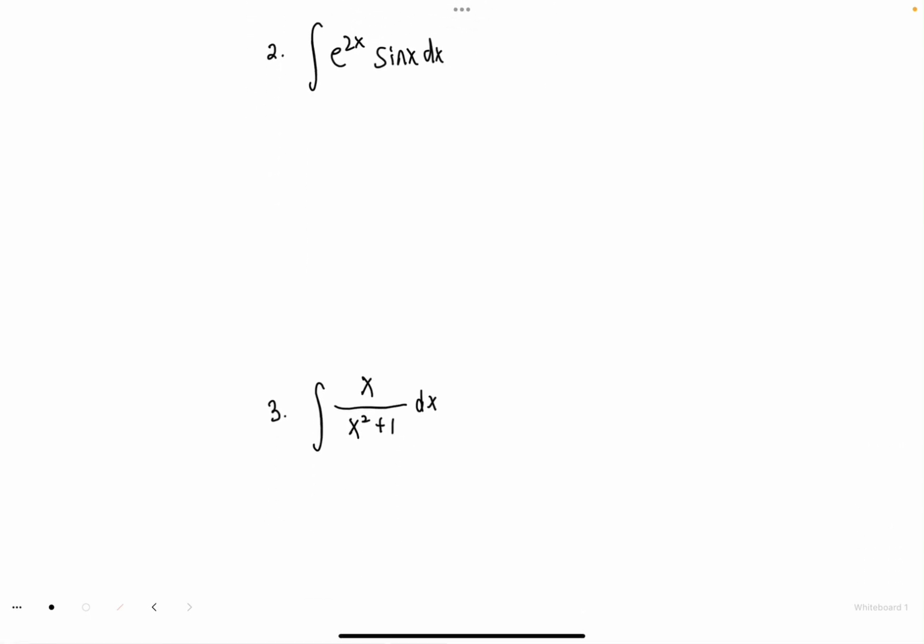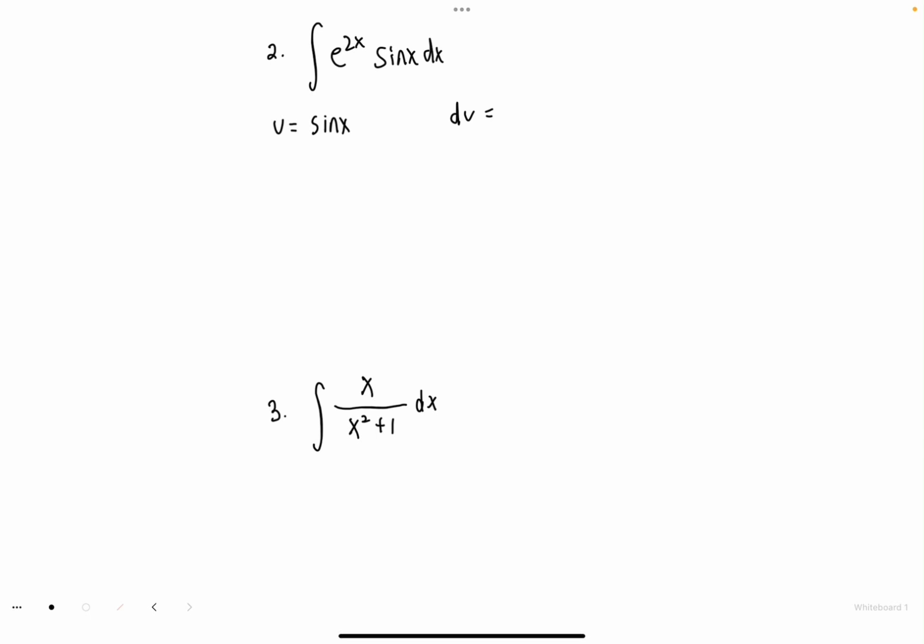The second one, you can see the integral of e to the 2x sine x dx. The first thing that should come to mind is that you have two different functions, and so you want to utilize integration by parts.